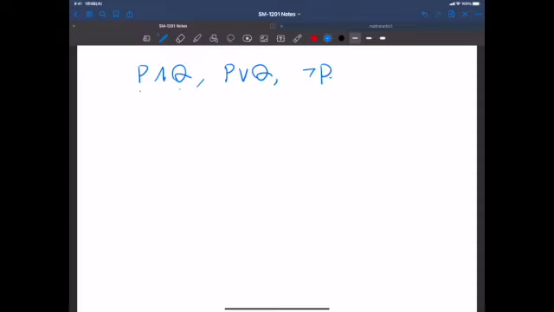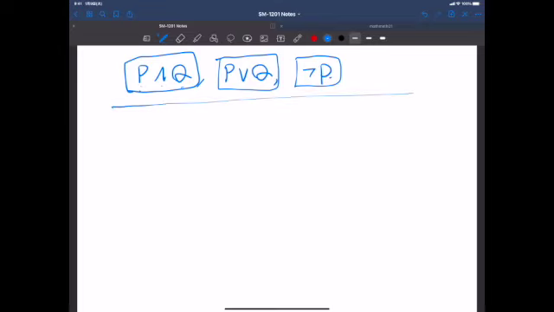If P and Q are both propositions, then P and Q is also a proposition, P or Q is also a proposition, and not P is also a proposition. So propositions can be made more complex. Let's see a few examples. As usual, let's say P and Q are propositions.